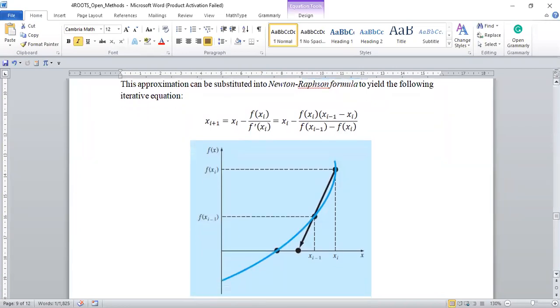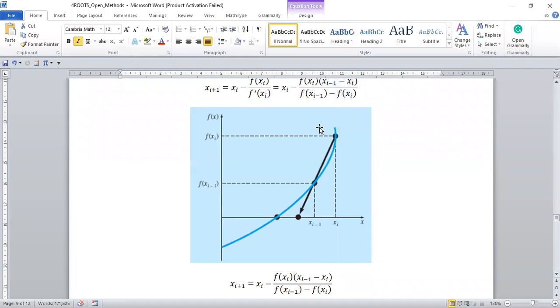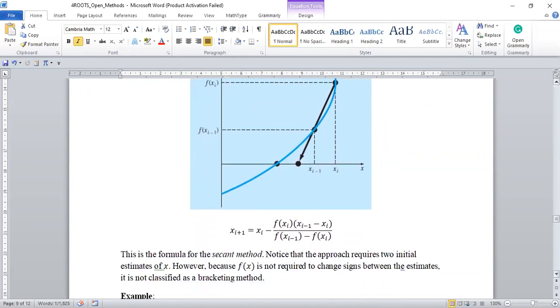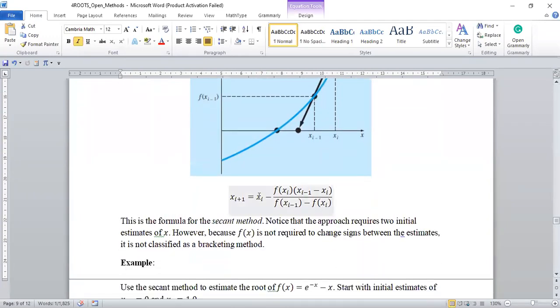And this is a graphical representation of this. So the backward difference is, this is the value of x at the previous value, and this is the value of x at the current value. We've already talked about that. So this is the secant method.